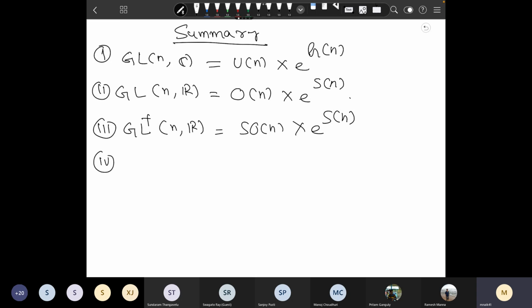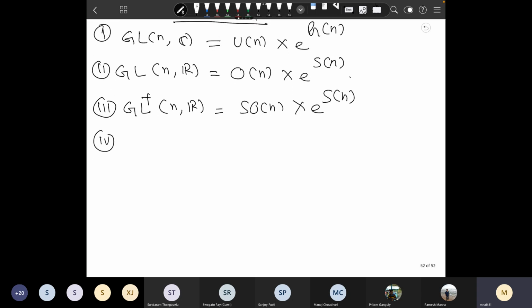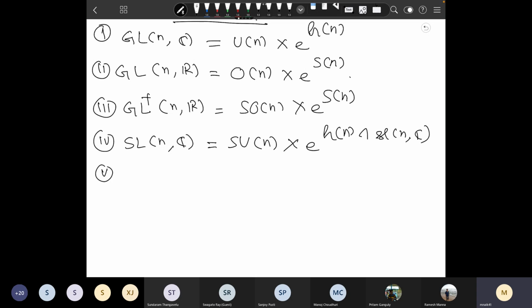Fourth, SLNC is equal to SUN times e to the power HN intersection small SLNC. And SLNR is equal to SON times e to the power SN intersection small SLNR.